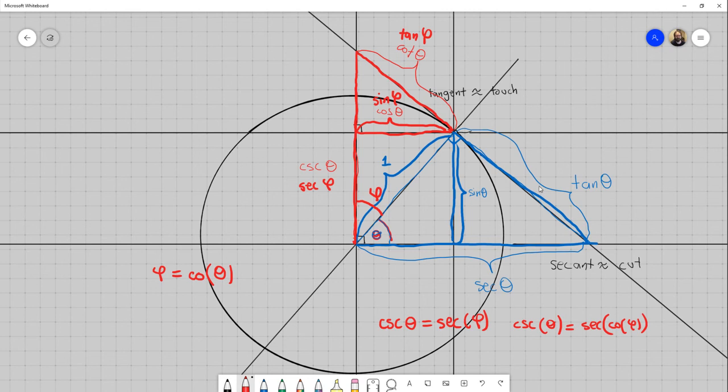Historically, the big three trig functions would be sine, secant, and tangent, whereas in our class we talk about sine, cosine, and tangent. But it turns out that secant is less useful for modern mathematics than cosine is. So that's why we do things the way that we do them.